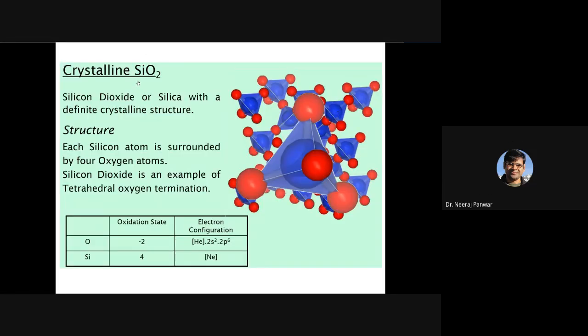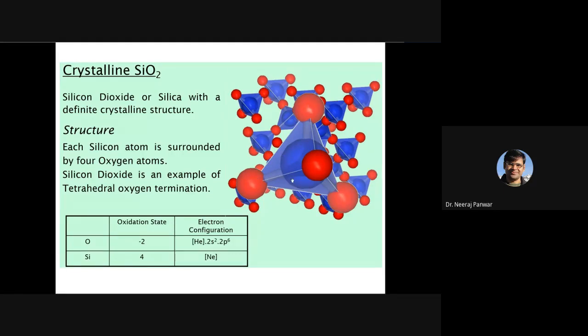Another example of a single crystal is crystalline silicon dioxide. This is also known as silica. It also has a definite crystalline structure. And what is definite in this crystalline structure? Each silicon atom is surrounded by 4 oxygen atoms. You can see here, this is the enlarged view.